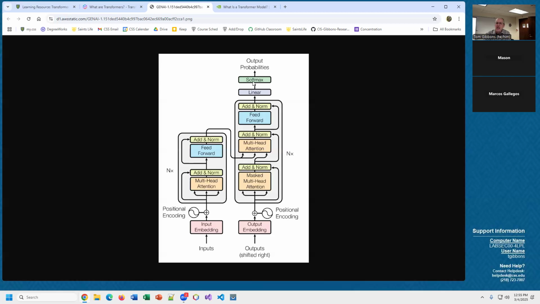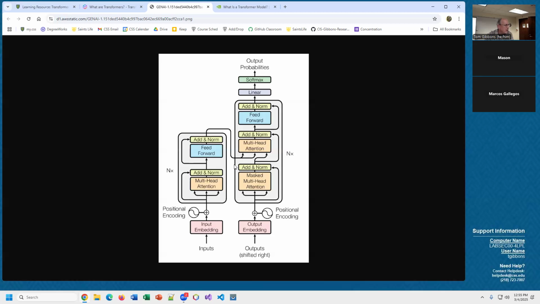We'll then take that and change all the weights throughout this whole network. Now, some of them we don't change. We don't change the input embeddings that have been pre-trained, and we don't change the positional encoding. So these layers are fixed, but all these other layers will have all their weights changed.